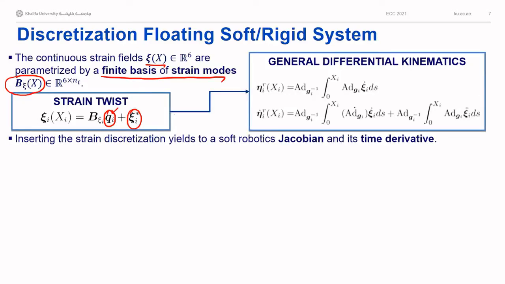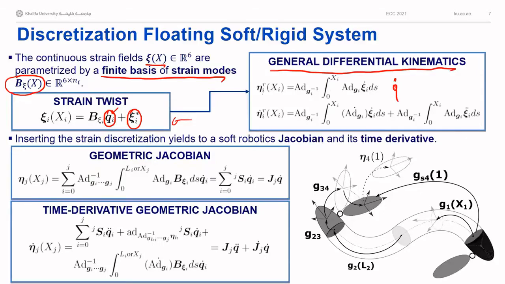Now we can insert this relation into our differential kinematics. And what we notice is that, taking the time derivative here, we can pull out q dot, which does not depend on X. Then, those are relative velocities and relative accelerations.